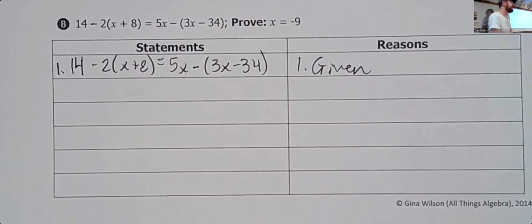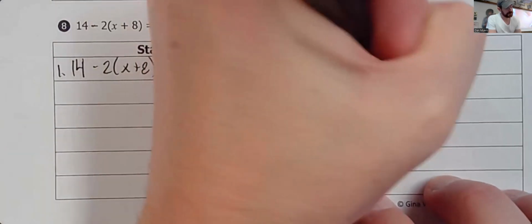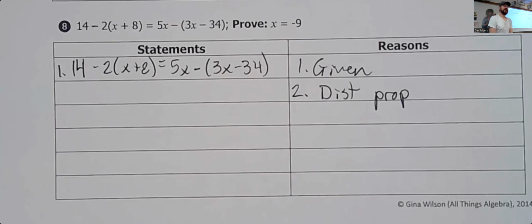If you have parentheses in an equation, first thing to do would probably be get rid of those parentheses. What allows us to get rid of parentheses? The distributive property. So reason number 2 is the distributive property. We haven't even done it yet, but we know we have to get rid of the parentheses.